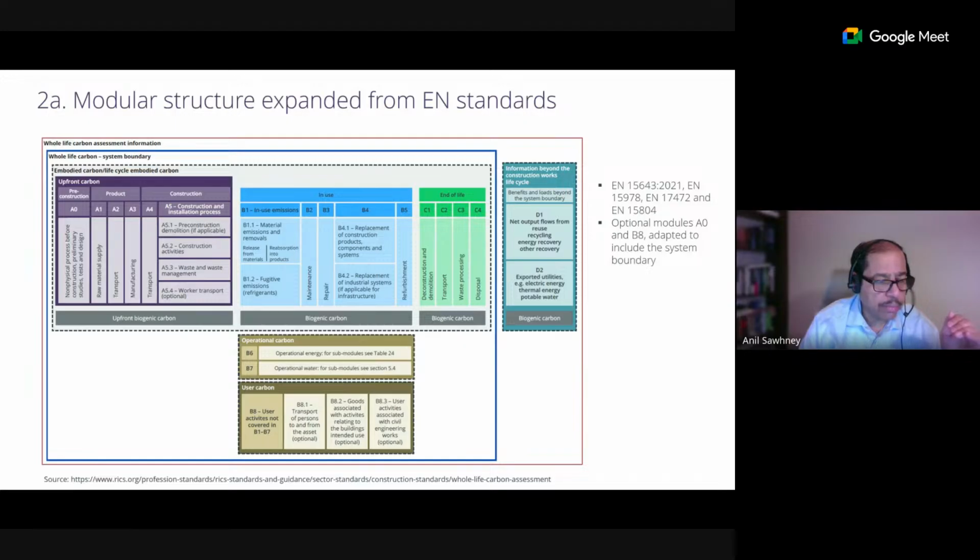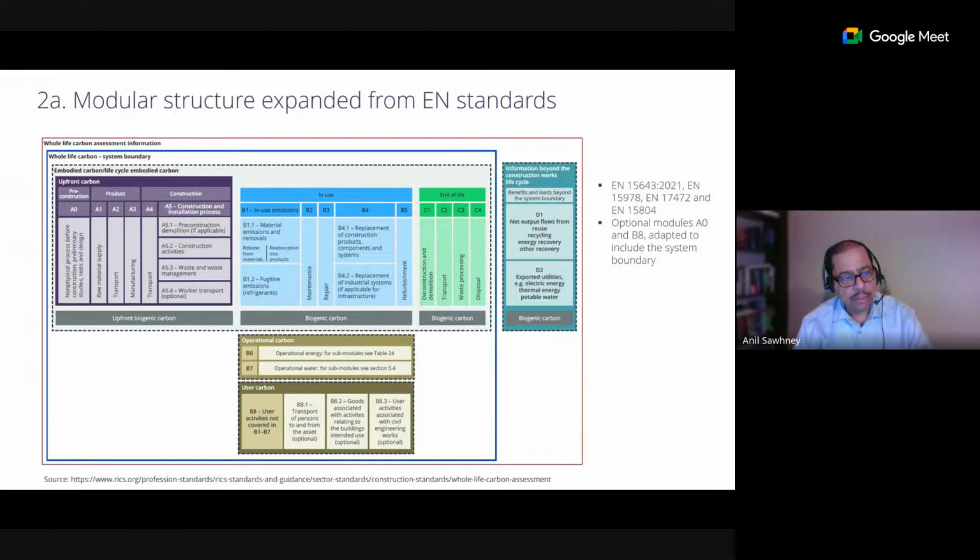So these are B1.1, material emissions and removals, like from refrigerants. Any fugitive emissions from refrigerants are B1.2. You may have blown insulation. Any emissions caused because of that, released from your construction materials, are generally counted under B1.1. B2 is maintenance, B3 is repair.